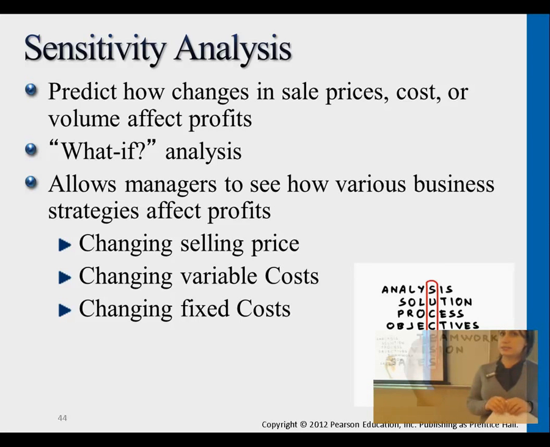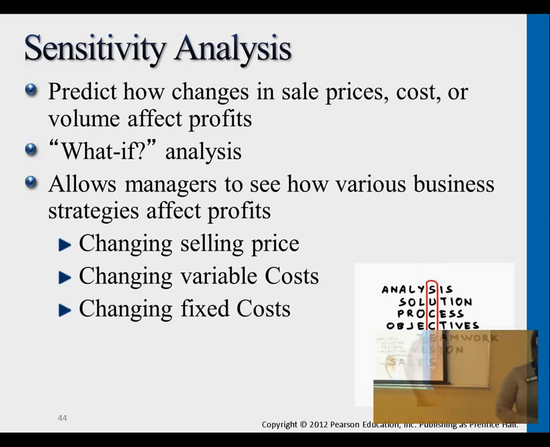So why do we need sensitivity analysis? As managers, we want to understand how our profit fluctuates and what it depends on. What we are really interested in is how we can predict how certain changes affect our profit.